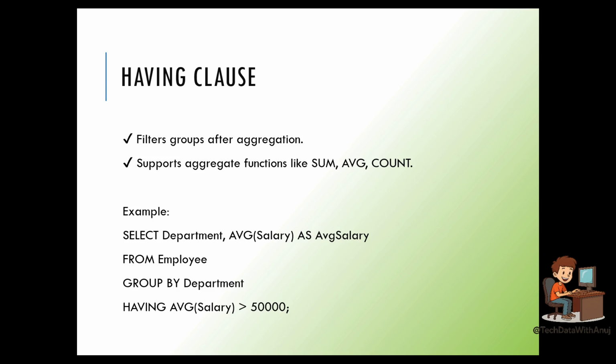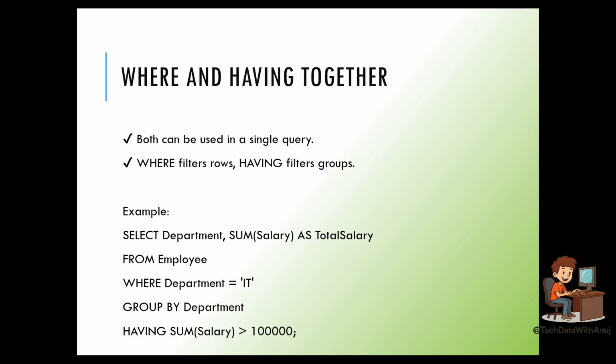Now WHERE and HAVING together, we can also use HAVING and WHERE together. Suppose I want to check the total salary of only the IT department and then filter it if the total is greater than 1 lakh.